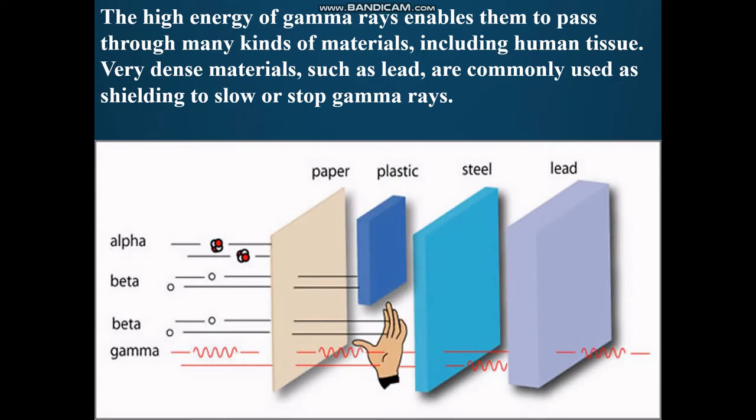Now here you can see the difference in the penetration of alpha, beta and gamma. Alpha can be stopped by paper, beta can pass through paper but is stopped by plastic, whereas gamma rays are able to pass through steel and lead also. Some radiations can pass through lead, but mainly lead is the absorber of gamma radiations.